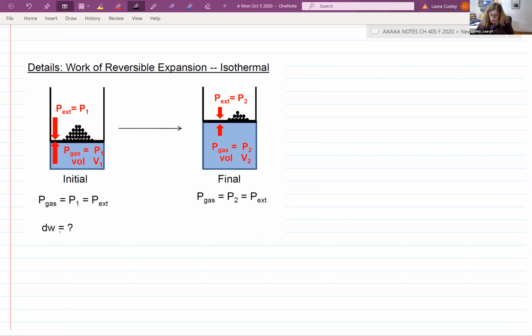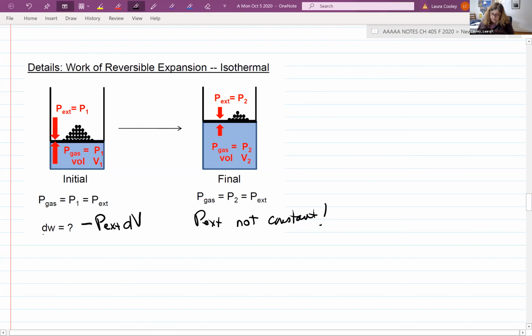We're going to use our definition of dW as minus P external dV. You have the same definition, but now P external is not constant. You can see the arrow goes from being equal to the big pressure of the gas at the beginning to being equal to the little pressure of the gas at the end. So they're not the same.